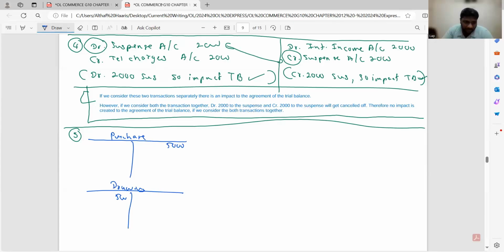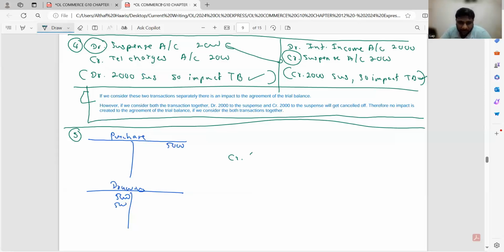Here 5,000, and you have written the 5,000 two times in the drawings account. So 5,000 you have to remove. So we'll remove it.